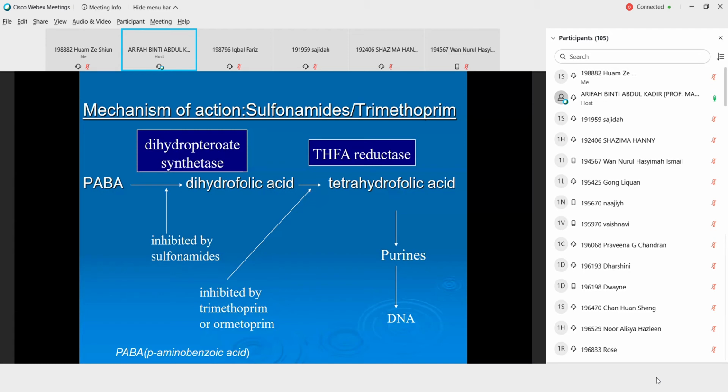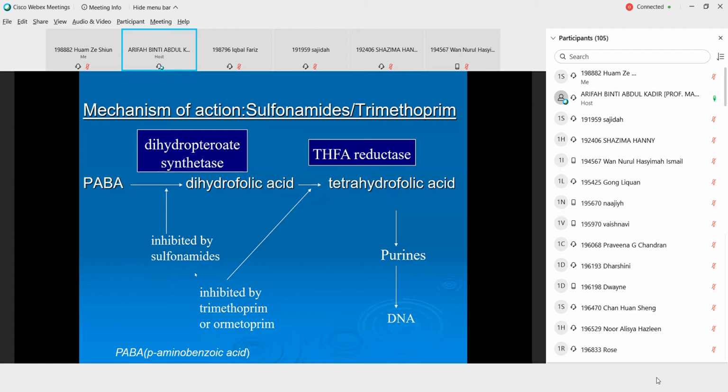It's like double confirmation, making sure there's no production of tetrahydrofolic acid, because tetrahydrofolic acid will then be synthesized into purines and DNA of the bacteria.